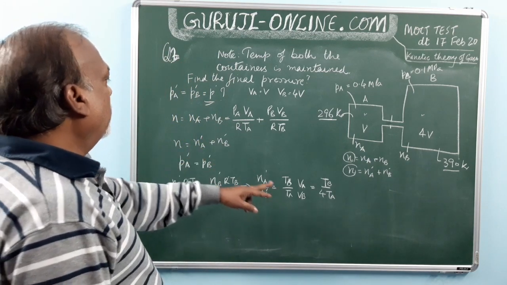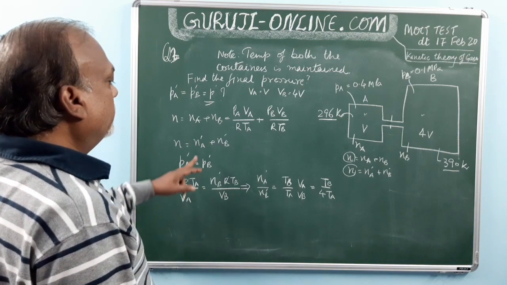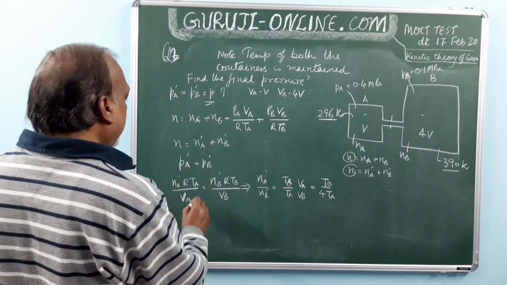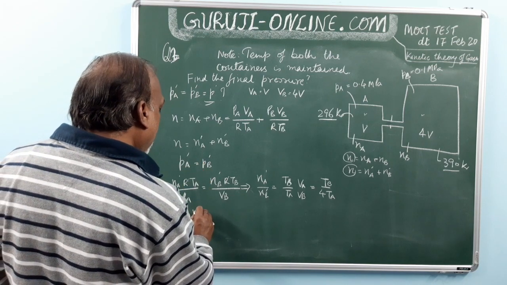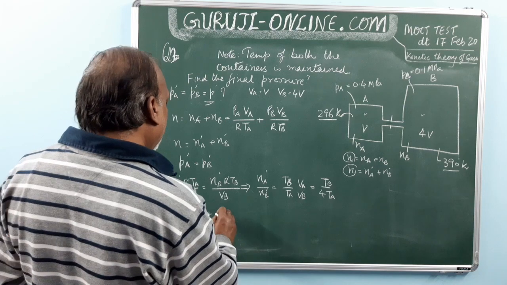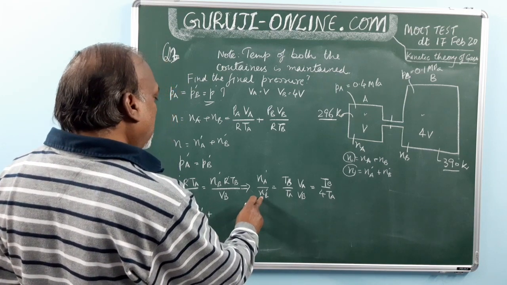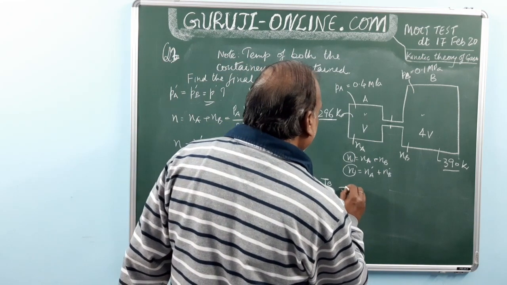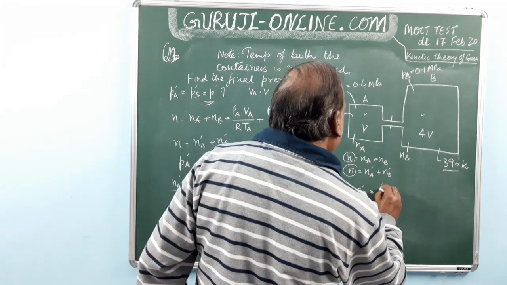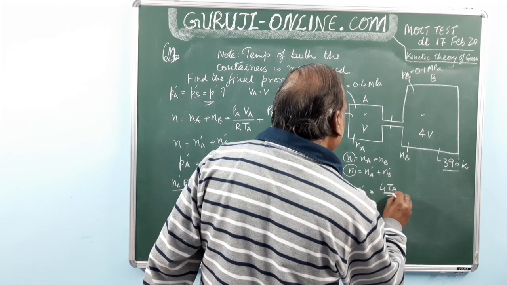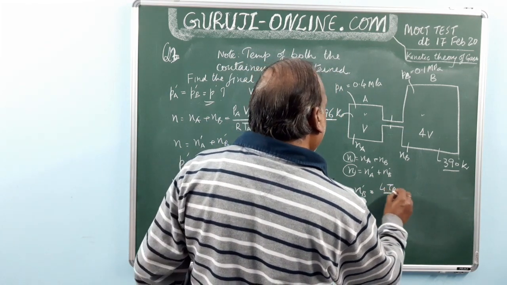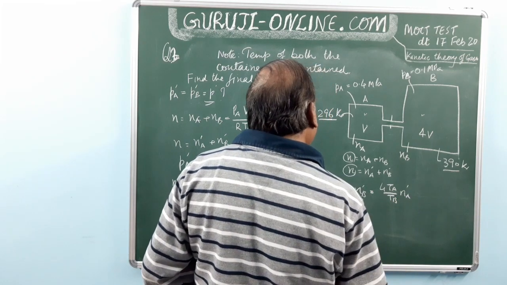If we put this value here, then N will be N dash, Na dash plus Nb dash. If we put Nb dash, this will give you Nb dash is equal to 4 Ta upon Tb into Na dash.